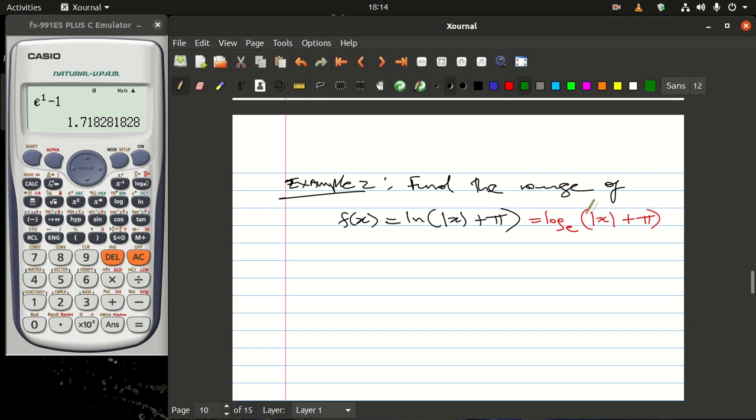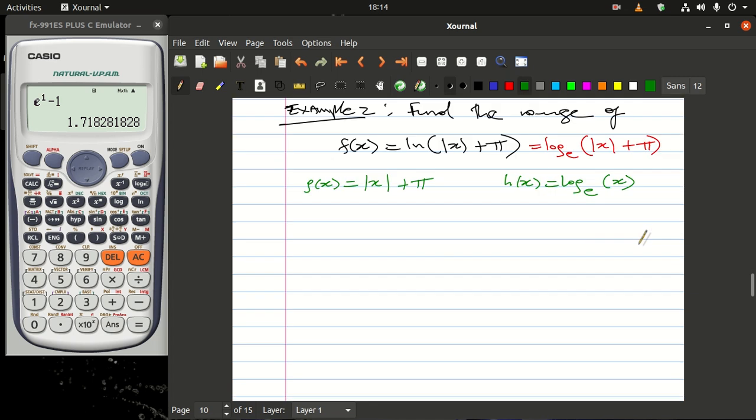Now, the function that is sitting inside, we just say is going to be g is equal to the absolute value of x plus pi. And then the remaining function after replacing this will be our h of x, and h of x is going to be log e of x.